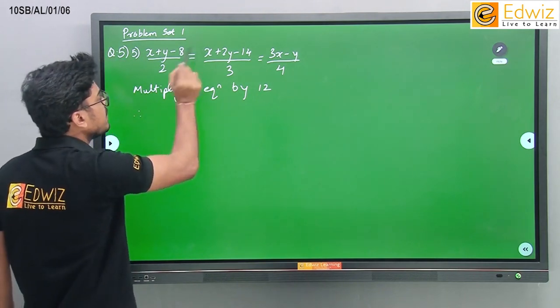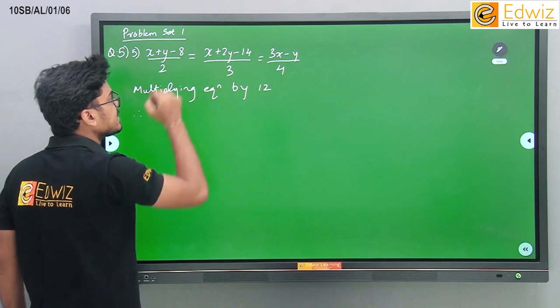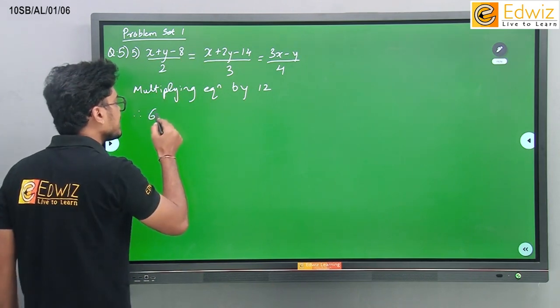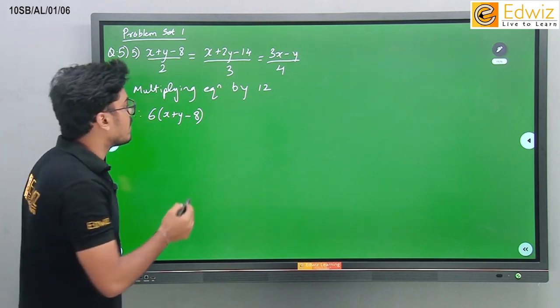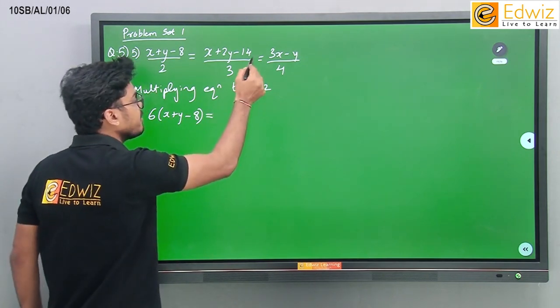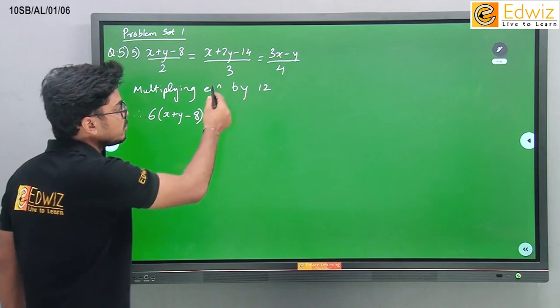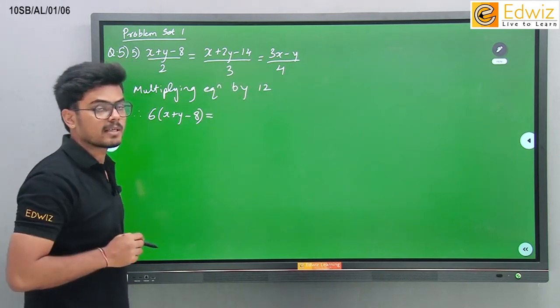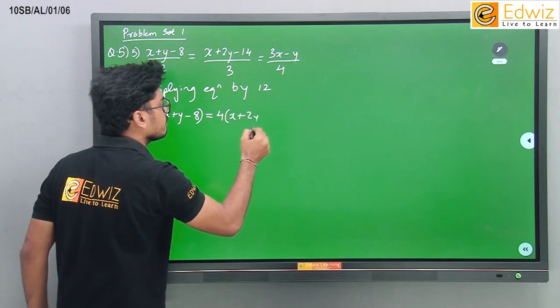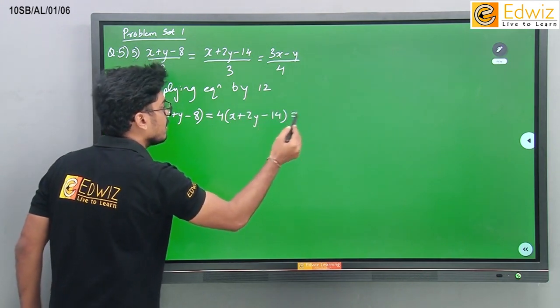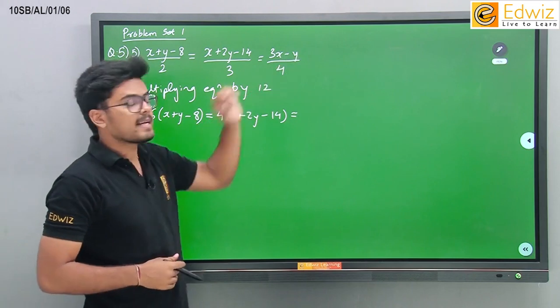Here when I multiply by 12, 2 6s are 12, so the 2 cancels and we get only 6 into (x plus y minus 8). Correct? Equal to, here if we multiply 12, 3 4s are 12, so we get 4 into this numerator, and finally 3x minus y.